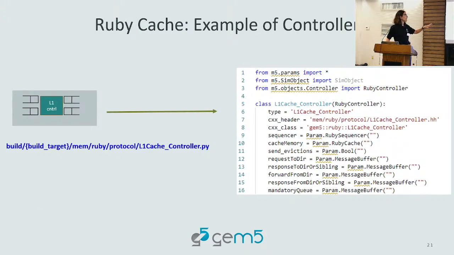Some of the things that you will see in your Python code, some of the things you need to specify to be able to connect this to other components in your cache hierarchy, are the sequencer and all those things, but more specifically, the last 5 lines at the bottom, which are the message buffers that are created. We'll see in the next few slides how we're going to use that.